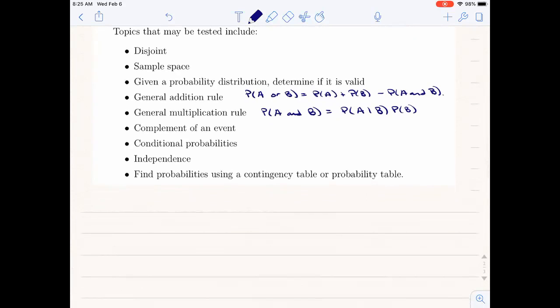So I'll jump down to conditional probabilities that say the probability of A given B is the probability of A and B over the probability of B. So the probability of A and B, if we have to solve for it in general, we just multiply both sides by the probability of B, and that's how we end up with this general multiplication rule. Okay.